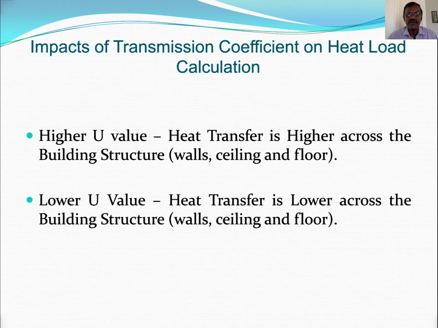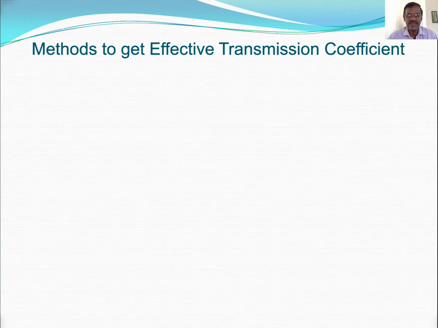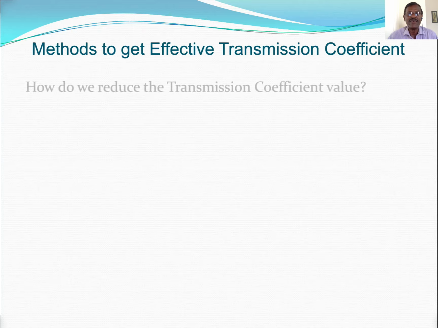With a lower U value, heat transfer is lower across the building structure, that is when it is approaching closer to 0, the heat transfer rate is less. Now the methods. We know when U value is high, heat transfer rate is high, and when U value is less, heat transfer is lower. But how do we reduce the transmission coefficient value?